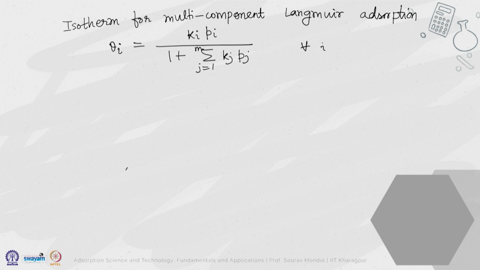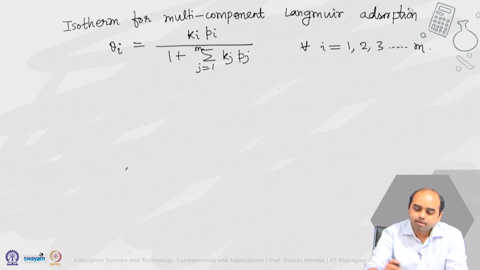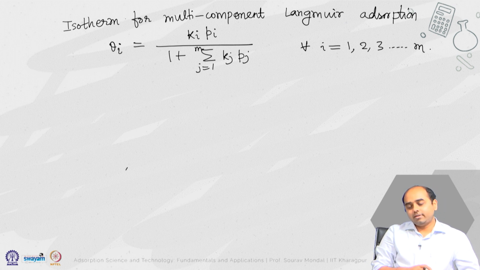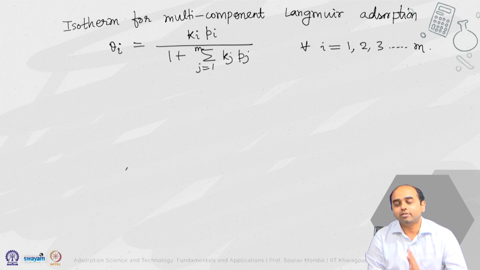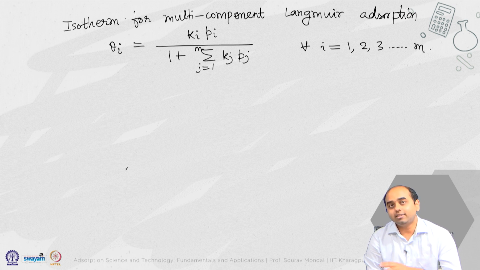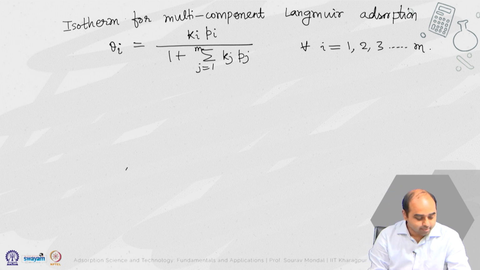Now, it may be understood that the denominator of this expression represents the relative effect of the adsorption of the other species, because this equilibrium constant Kj is different for different species. So, adsorption of the ith species is affected by the other species through this denominator summation term. In this case, the definition of selectivity becomes very important.